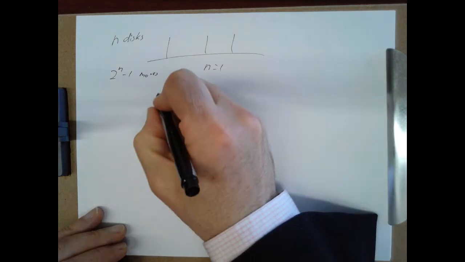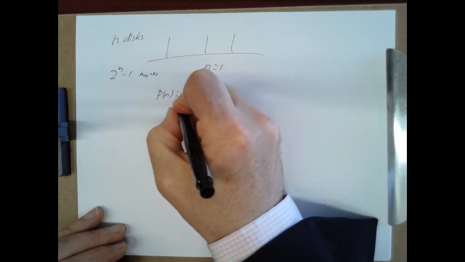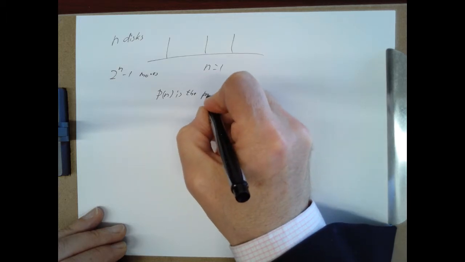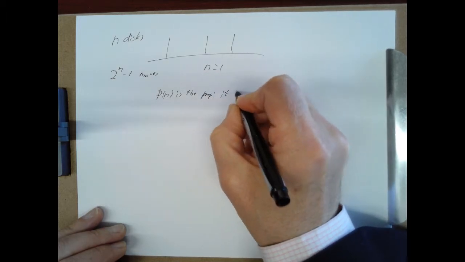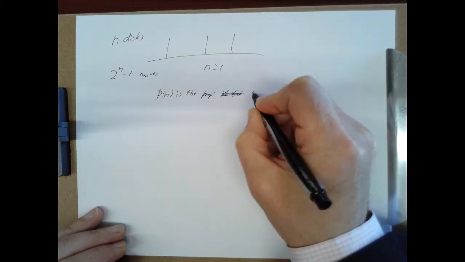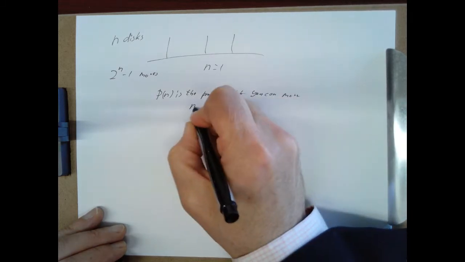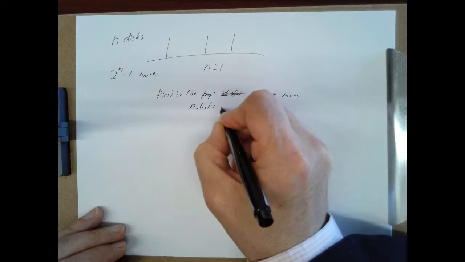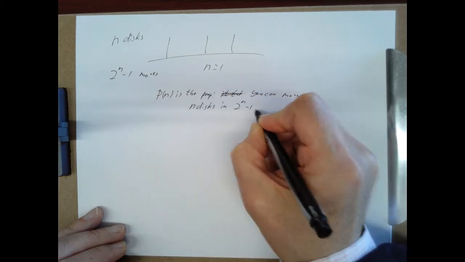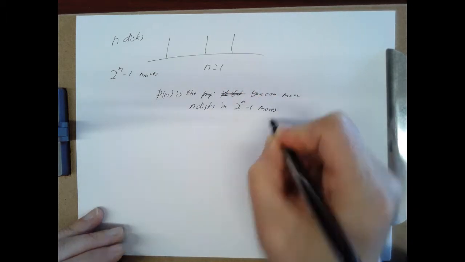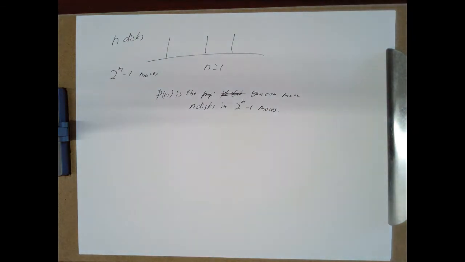So P of n is the proposition you can move n disks in 2 to the n minus 1 moves. We haven't shown that you need 2 to the n minus 1 moves. There could be a better way to do this.